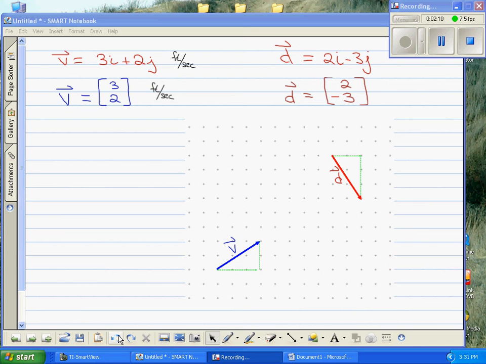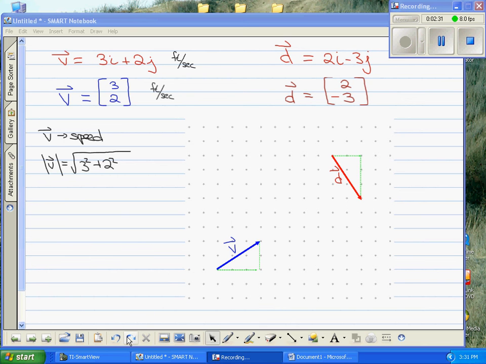Now how vector v differs from vector d is very, very simple. Vector v has a speed. Its speed is its length, also known as its magnitude. Remember, we compute magnitude using the Pythagorean theorem: x squared plus y squared equals the hypotenuse squared.